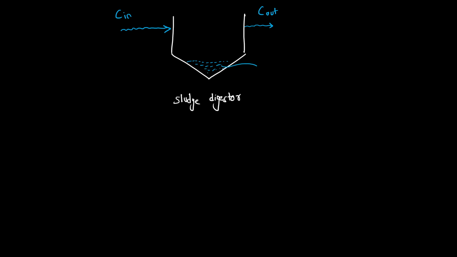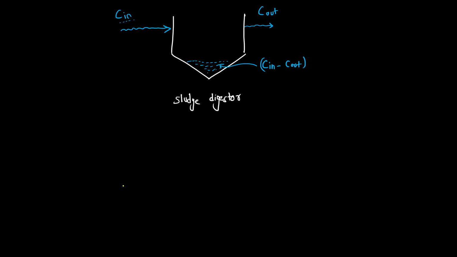So what is the concentration of this one? Inside C in is coming, outside C out is going. If I subtract C in minus C out, will I get this? Yes. So the amount of sludge which is present here is C in minus C out. I hope this is clear.